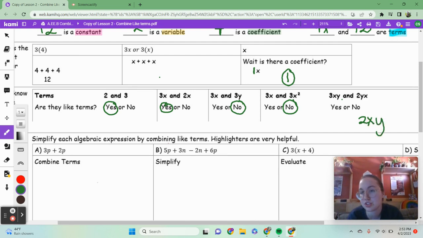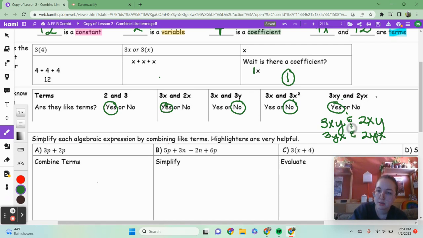That is equivalent to 2yx. So 3xy and 2xy, these are equivalent terms. Yes, they can be combined. We can also think about it as 3yx and 2yx. We can swap either of them around. We just usually like to go in alphabetical order.